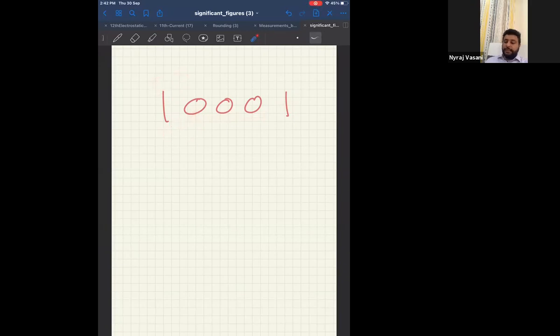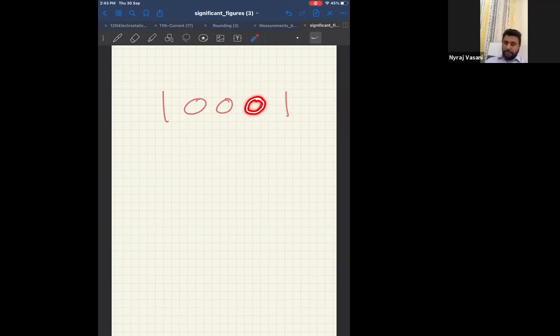Yes. On the right? Yes. Therefore, this 0 is significant. Now look at this 0. Does it have a non-zero number on the left? Yes. On the right? Yes. Therefore, even this 0 is significant. Now look at this 0.